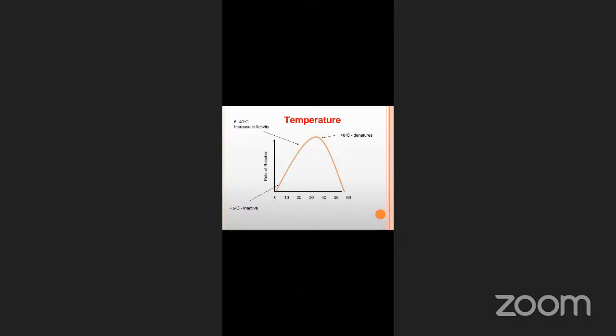And from 5 to 40 degrees centigrade, it is very efficient, and the rate of reaction is really high. But after 40 degrees, it slowly starts dropping. This is because of denaturing of the protein. Got it?